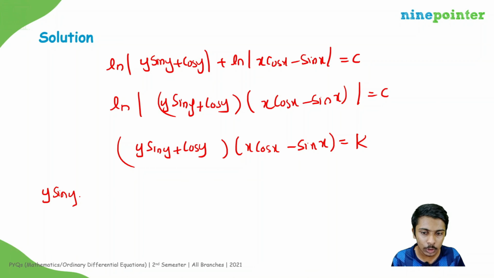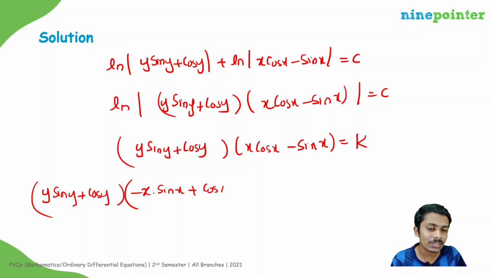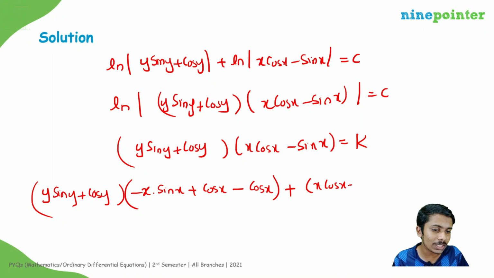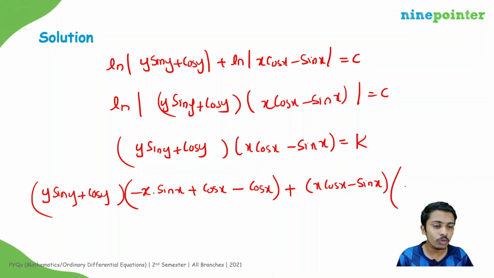First function into derivative of second function. So the derivative of x cos x will be, again using the chain rule, x into minus sin x plus cos x into 1, that is simply cos x, and minus the derivative of sin x will be cos x, plus second function into x cos x minus sin x into derivative of y sin y, that would be y into cos y.